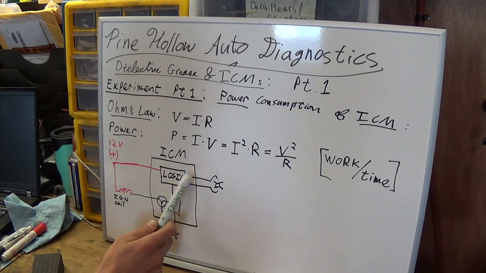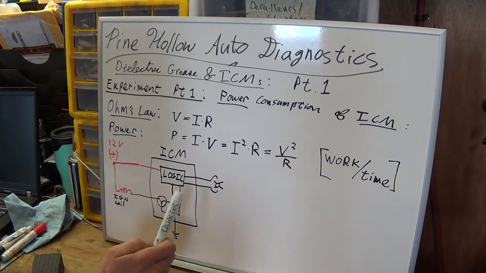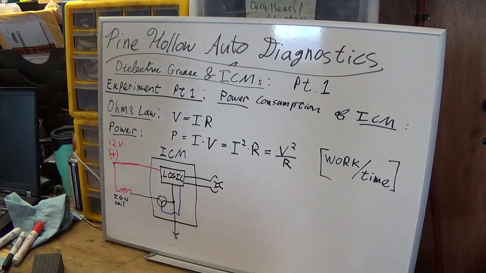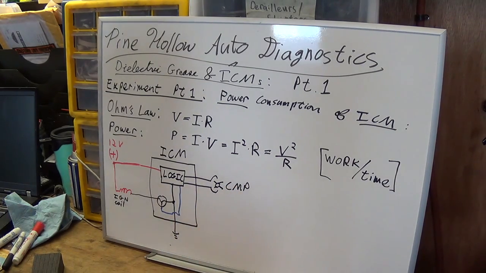Inside we have a little logic board, which controls the power transistor to cut the current for the primary winding in our ignition coil. And out here is the input, the camshaft position sensor, in this case the little reluctor wheel, CMP.